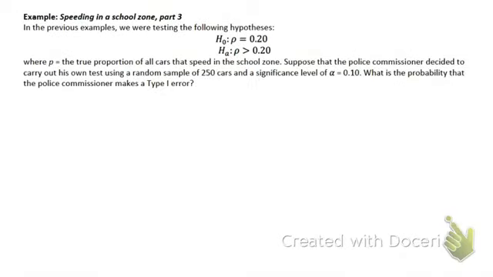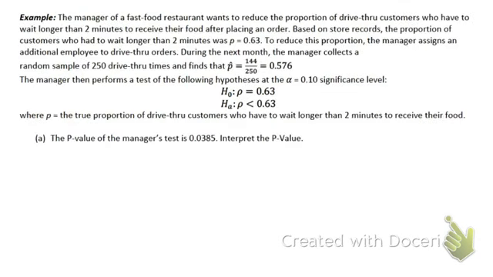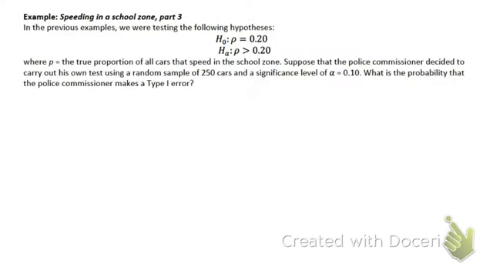In the previous example, we were testing the following hypothesis where p is the true proportion of all cars speeding in the school zone. Suppose that the police commissioner decided to carry out his own test using a random sample of 250 cars and a significance level of alpha equals 0.1. What is the probability that the police commissioner makes a type 1 error? 10%, 0.1.